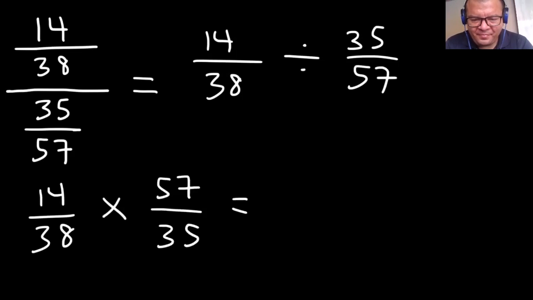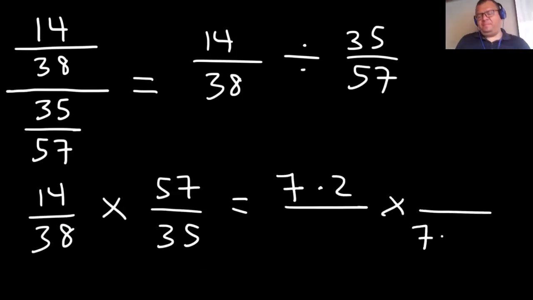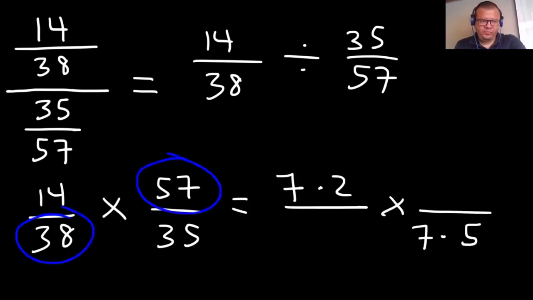So now let's simplify before we multiply. So looking at 14 and 35, both numbers are divisible by 7. So I'm going to write 14 as 7 times 2, and 35 as 7 times 5. Now what can you tell me about 38 and 57? What do you know about these two numbers?